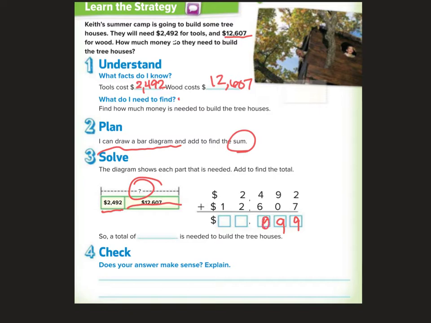So I have 0 ones and 1 ten. 2 and 2 and 1 makes 5. And 10,000 plus 0 is 10,000. So $15,099 is how much money is needed to build the tree house.